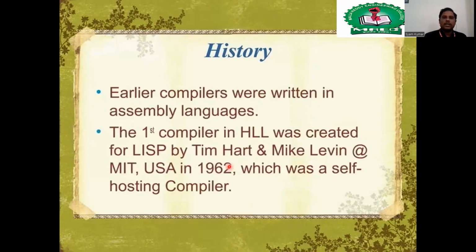Earlier compilers were written in assembly language, I told you, and after that high level languages came. The first compiler of a high level language was created for Lisp by Tim Hart and Mike Levin in the USA in 1962, which was a self-hosting compiler.